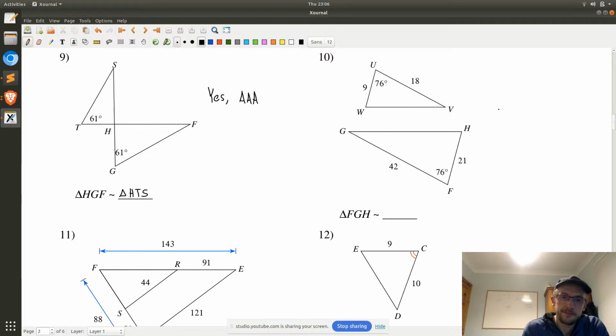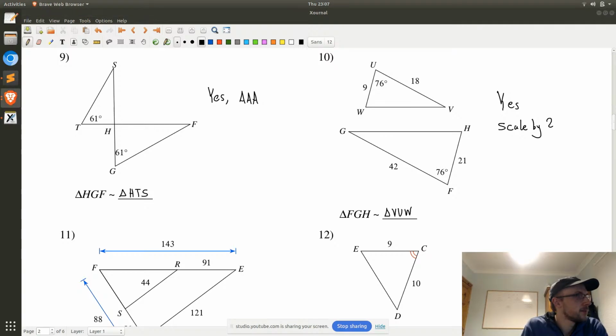Well, yes. Scale by 2. And thus we say triangle FGH is congruent to triangle VUW. And check. And it's off the page. But it's fine.